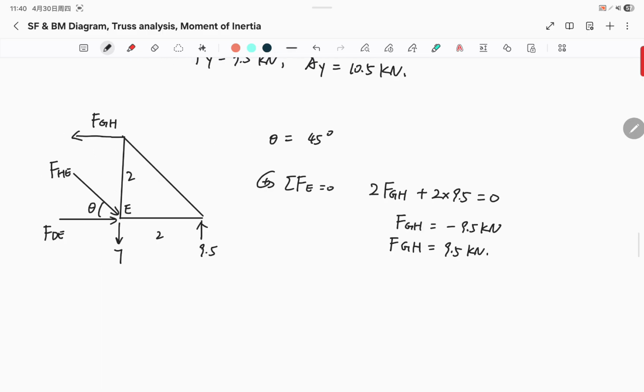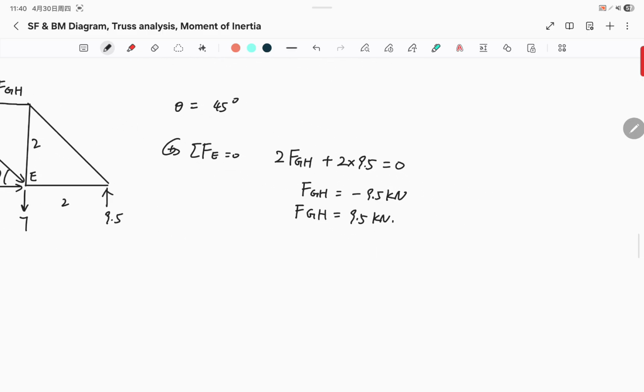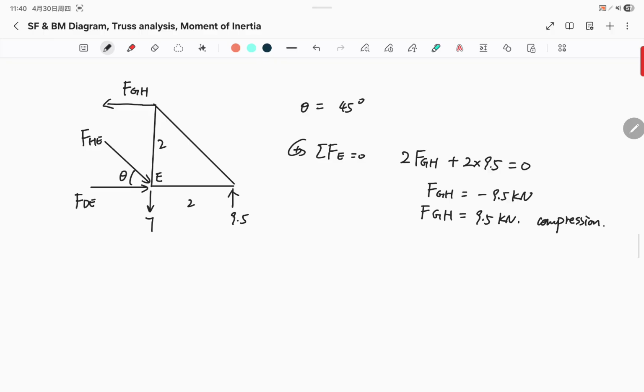We made a wrong guess. It's actually to the other side, so compression. And then we're gonna update the free body diagram before we solve the other forces.